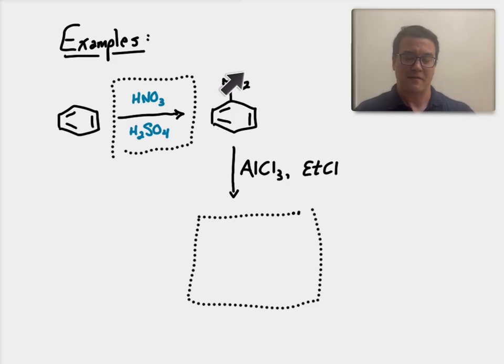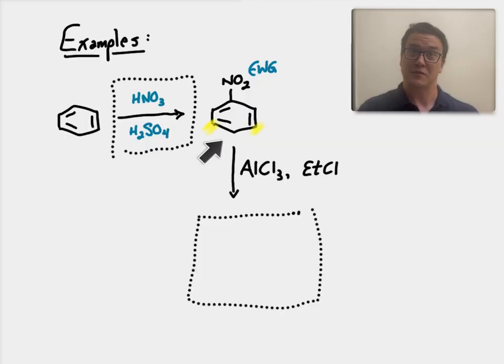Now that you have an electron withdrawing group on this ring, you have to realize that it is going to be a meta-director. So for these next conditions, aluminum trichloride with ethyl chloride, you're going to be adding a two-carbon ethyl group onto the aromatic ring, and you're going to expect that it goes in the meta position.